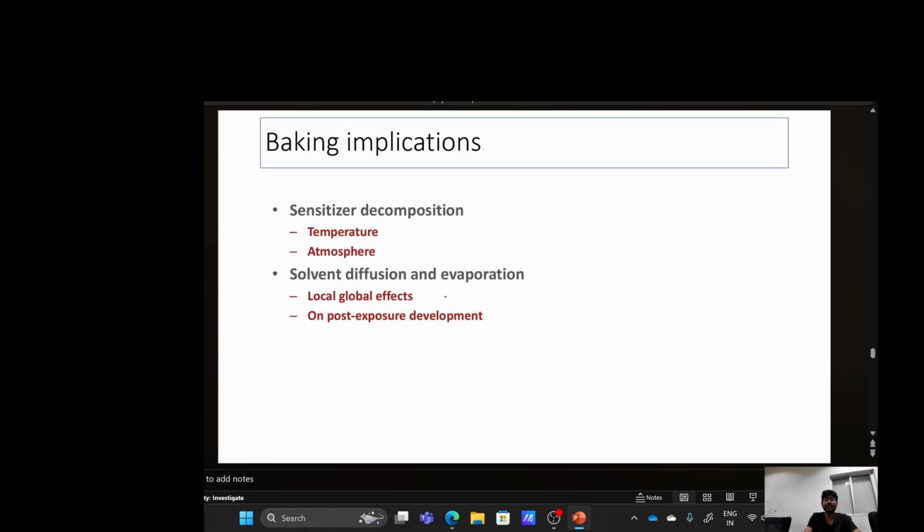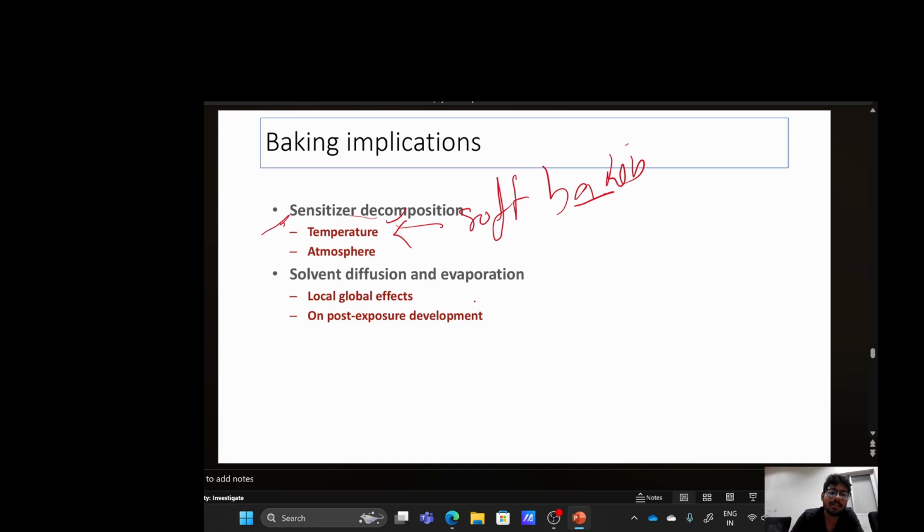So, in terms of baking implications, the sensitizer may get decomposed, and that depends on the temperature. If you go for a higher temperature, the sensitizer may get decomposed. So during the soft baking you need to take care of the temperature, because otherwise the sensitizer won't work during the exposure step.